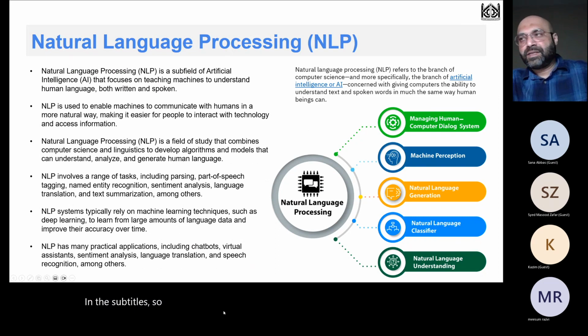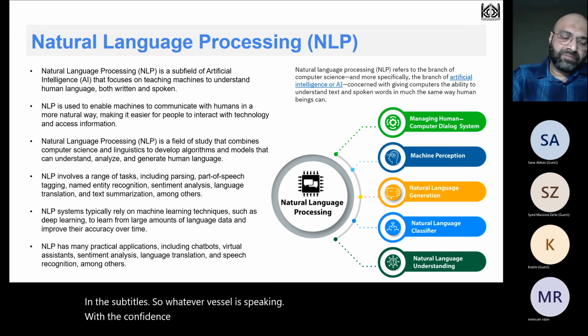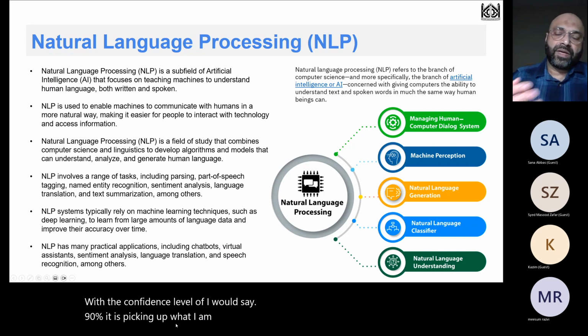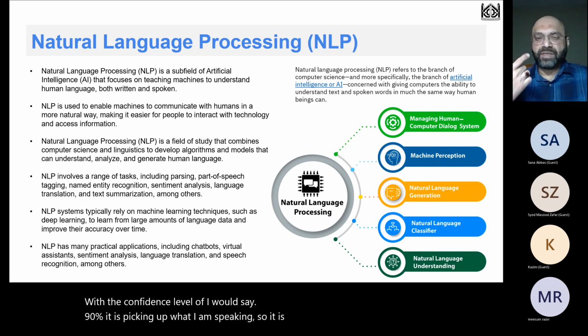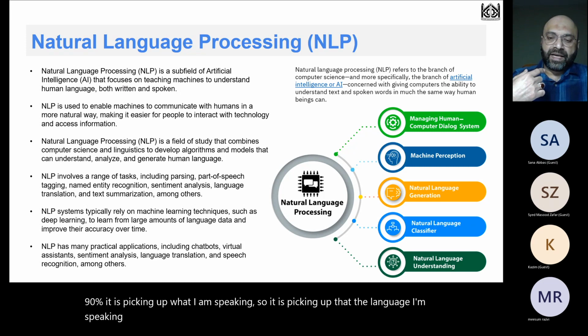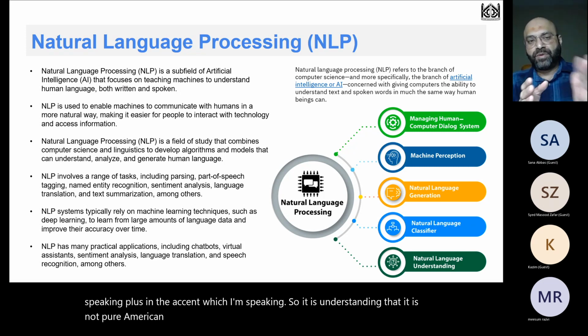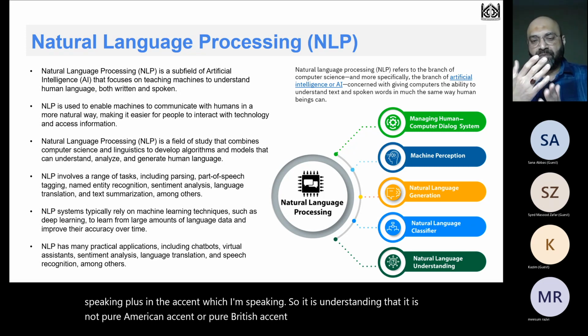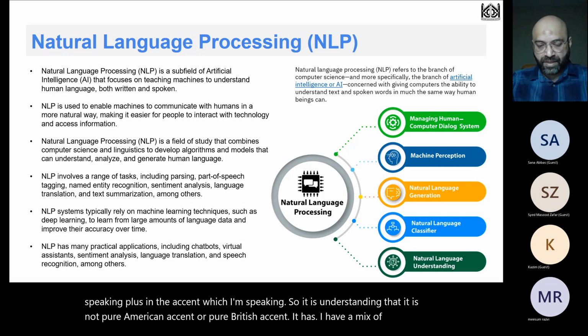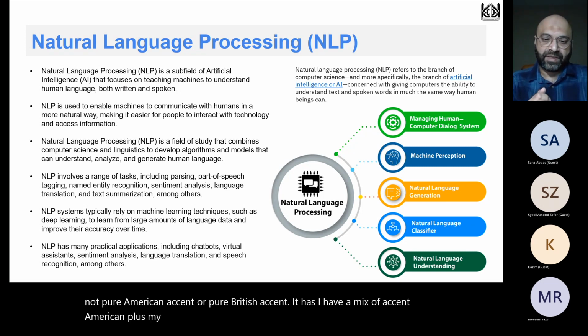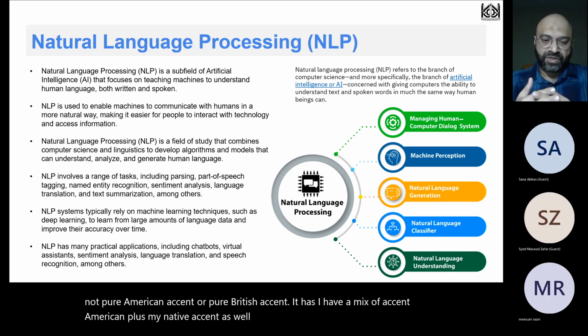Whatever Faisal is speaking, with a confidence level of I would say 90%, it is picking up what I am speaking, the language and the accent. So it is understanding that it is not a pure American accent or pure British accent. I have a mix of accents, American plus my native accent as well.